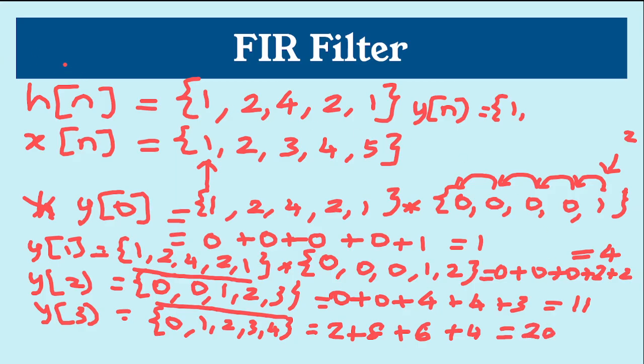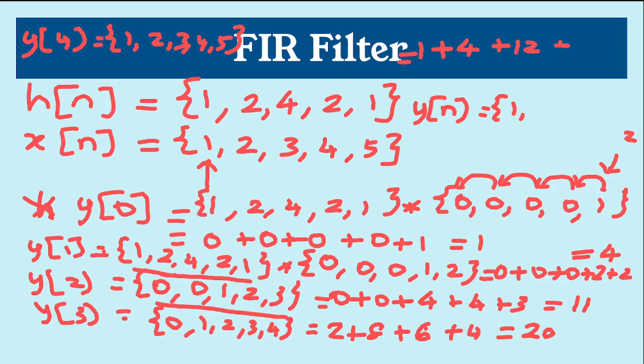Finally, for y of 4, we have 1 2 3 4 5. That is equal to 1 plus 4 plus 12 plus 8 plus 5, so here you have 30.